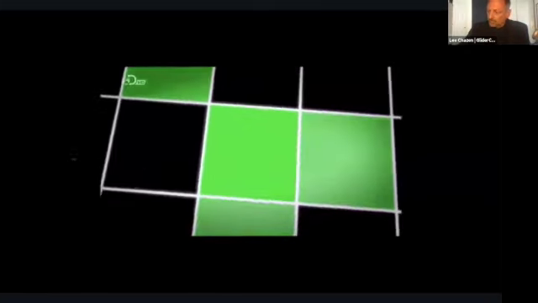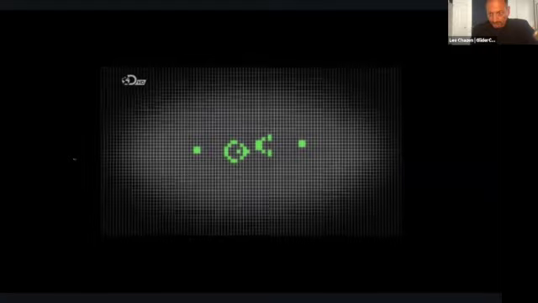Once you set an initial state of living squares and let the simulation run, these simple laws determine what happens in the future. The results are surprising.